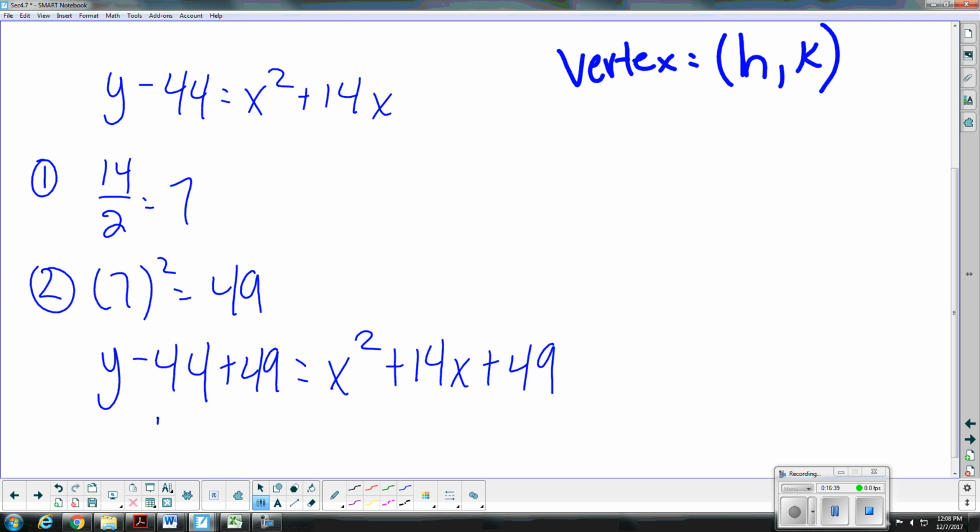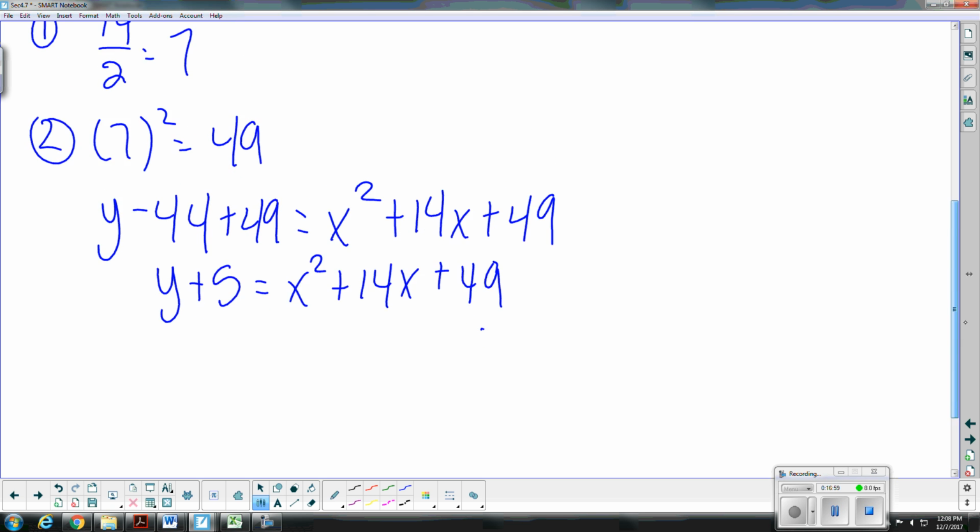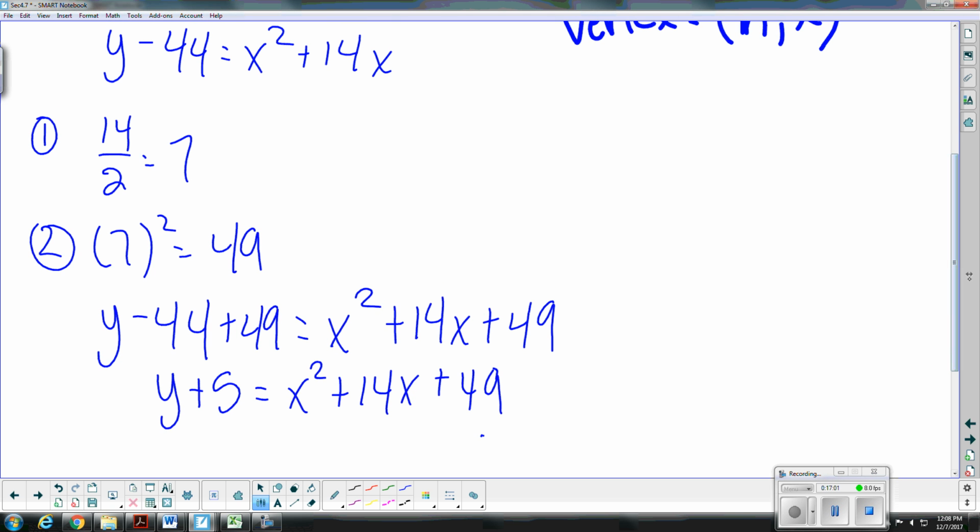So that's y plus 5 equals x squared plus 14x plus 49. And now we can turn that right side of the equation into a binomial square.